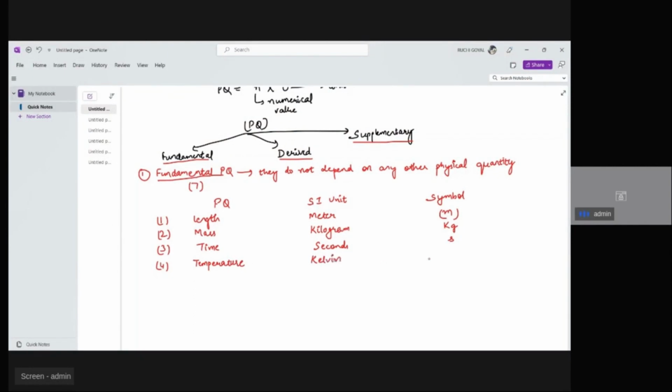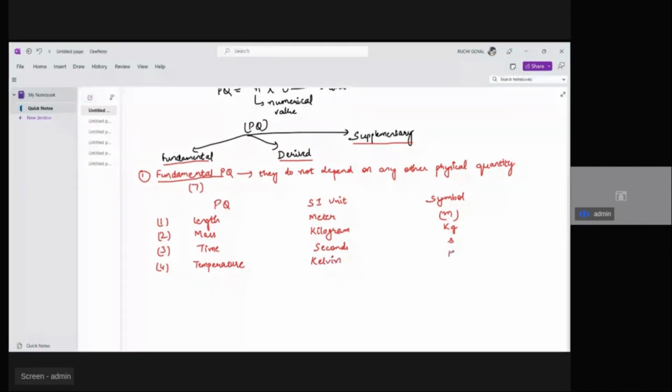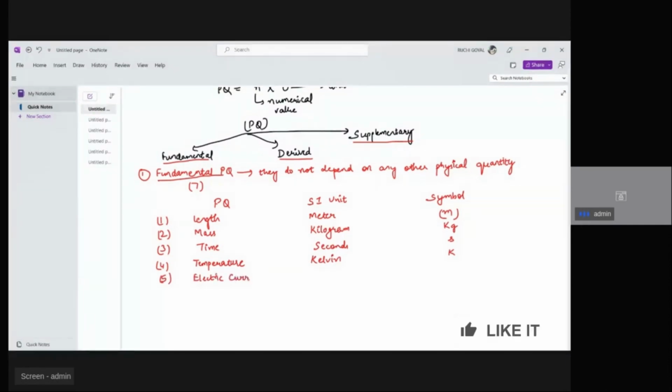So the symbol is K. The fifth quantity is electric current. The SI unit of electric current is ampere and the symbol is A.